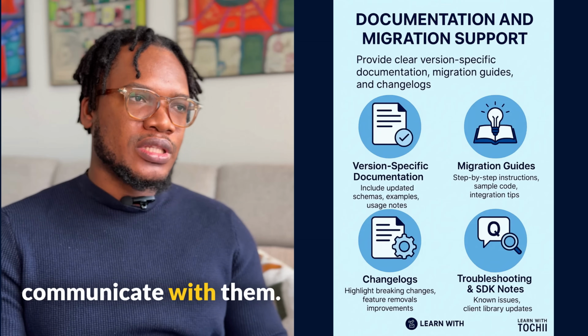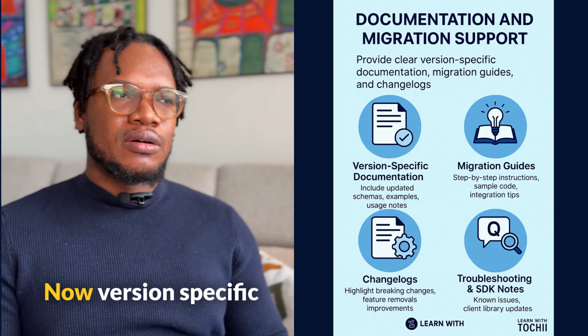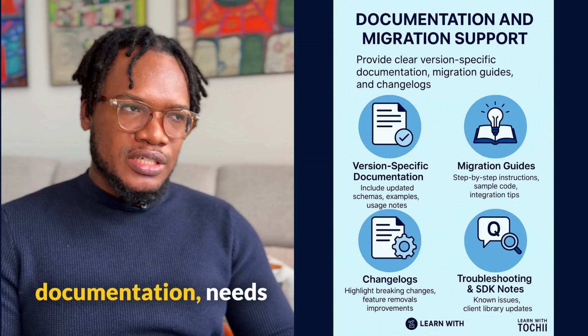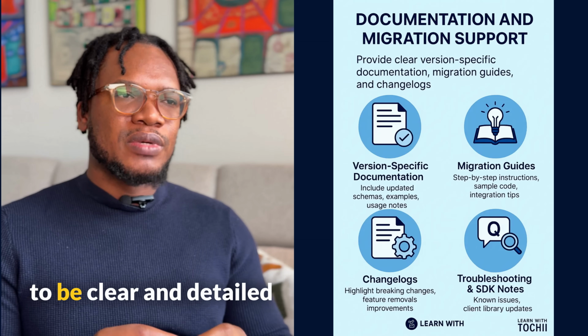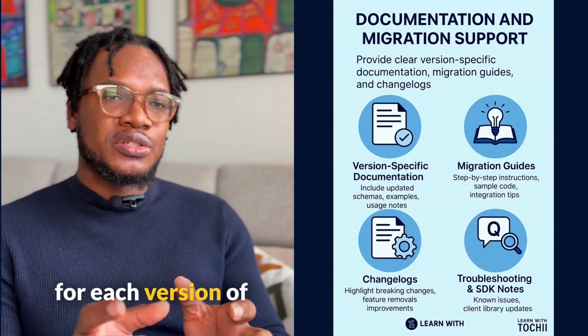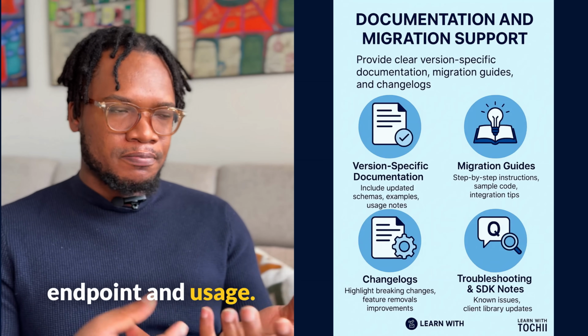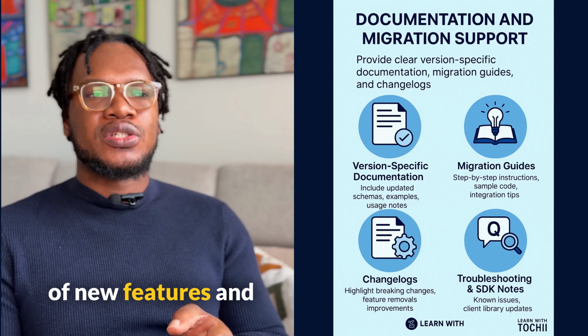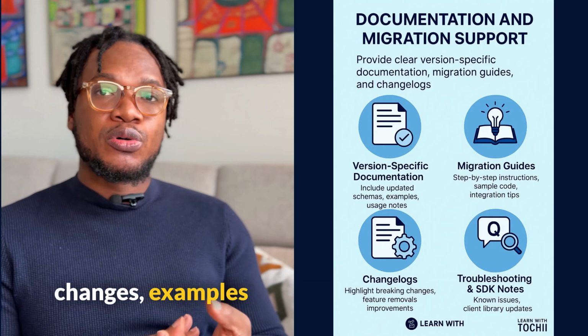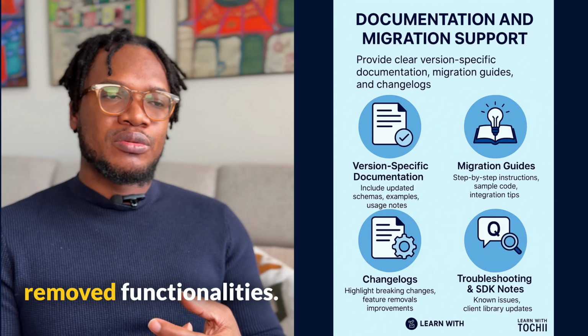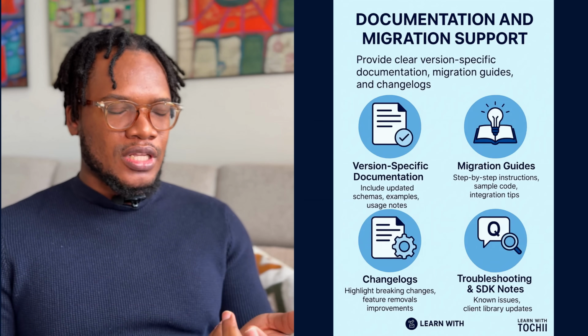You need to communicate with them. Now, version specific documentation needs to be clear and detailed for each version of the APIs, including endpoint and usage, detailed description of new features and changes, and examples of deprecated and removed functionalities.